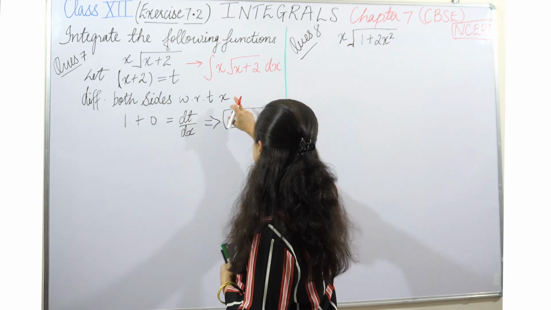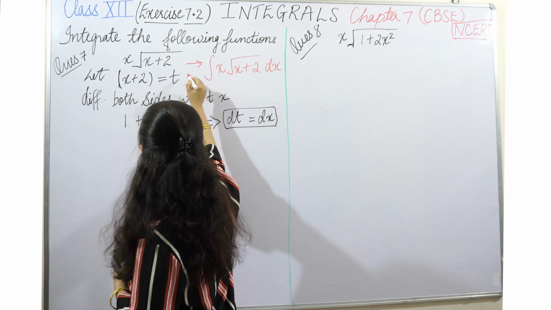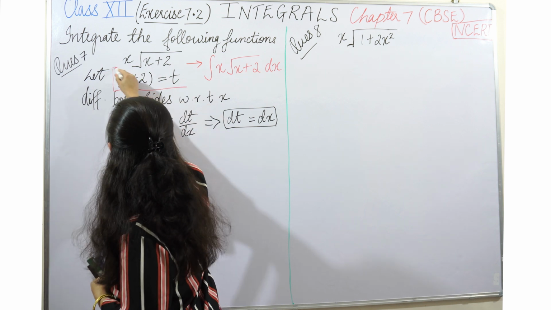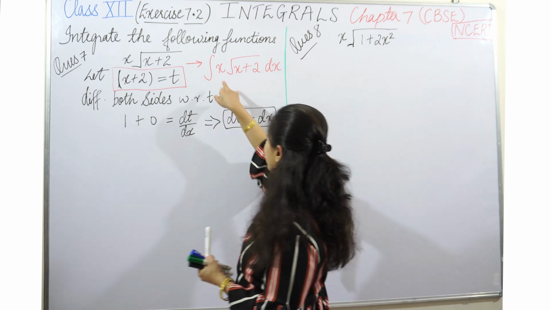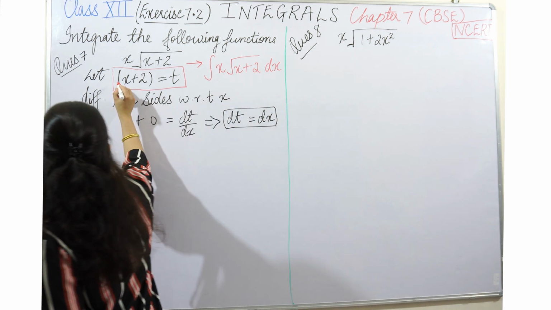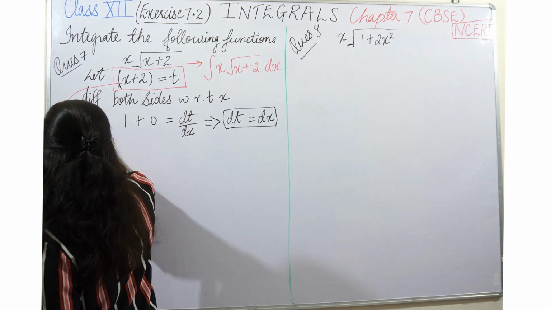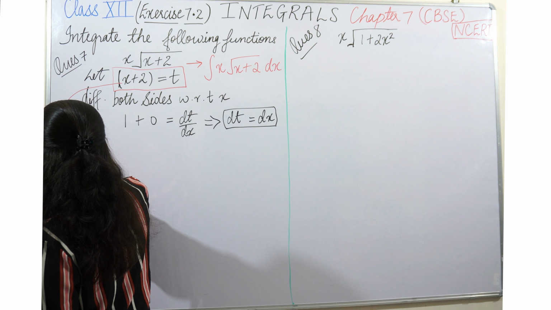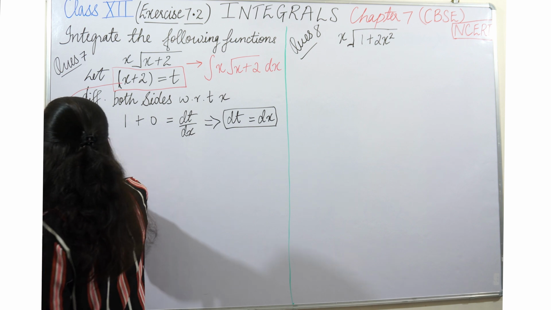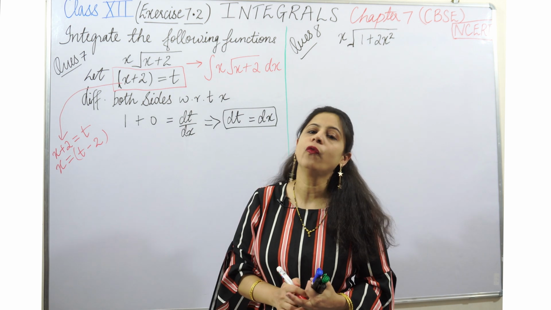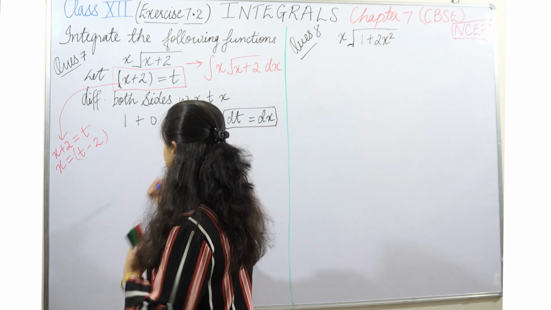In the place of x plus 2 we can put t, which we have assumed. And in the place of x we can calculate the value: x plus 2 is equal to t, so x will be equal to t minus 2. The 2 will go to that side with a negative sign.